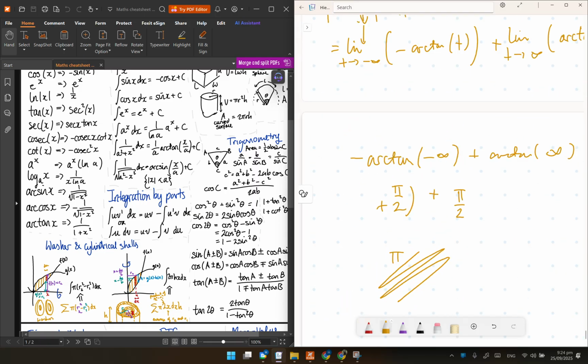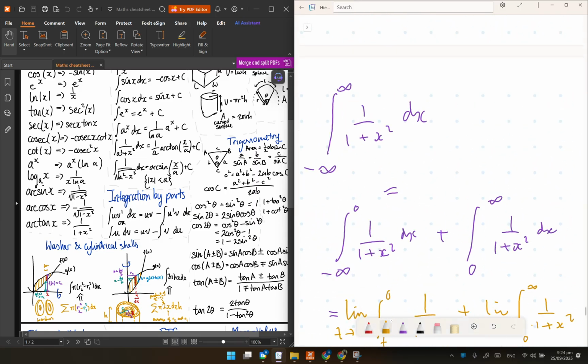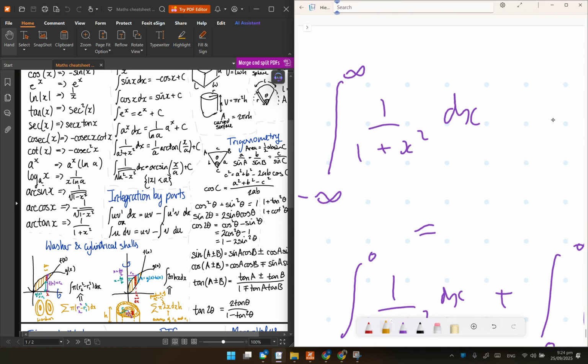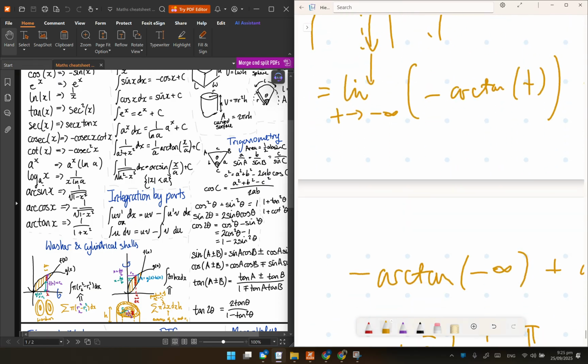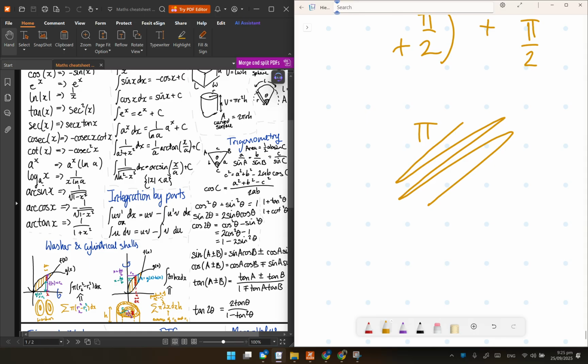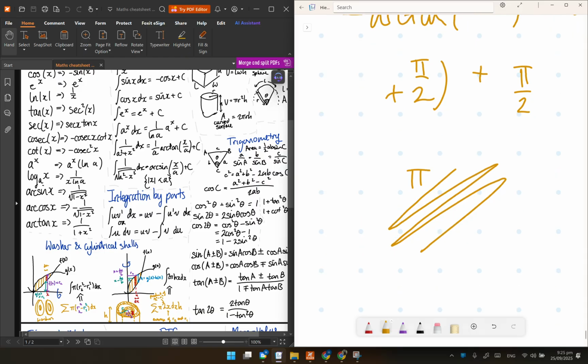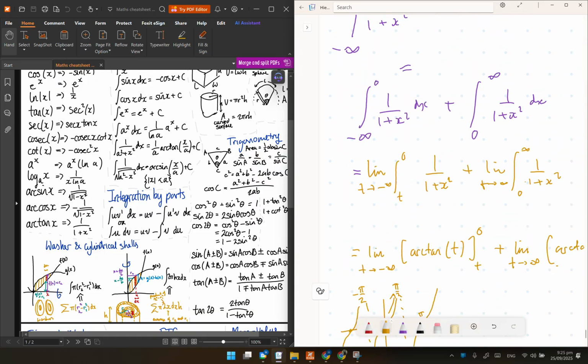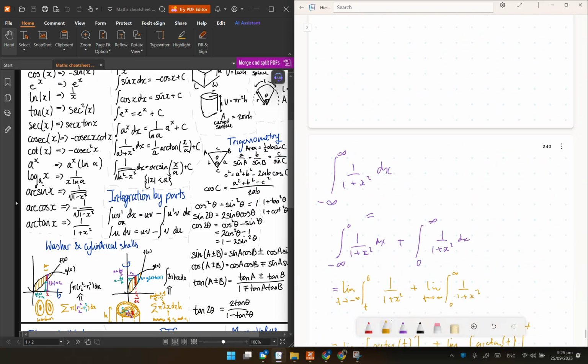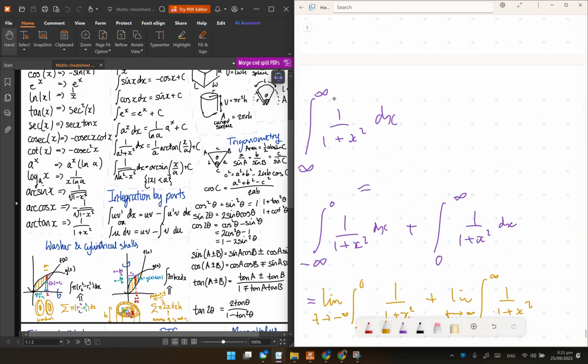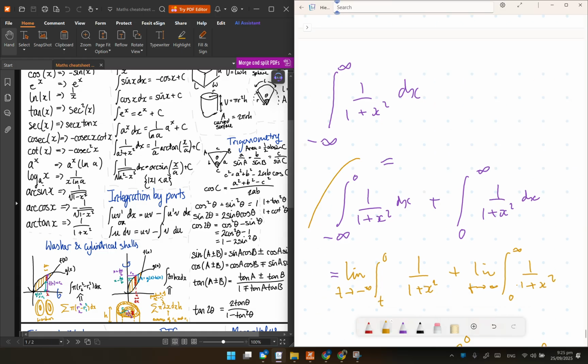And there it is, the answer to the integral from minus infinity to positive infinity of 1 over 1 plus x squared is equal to pi. That's it, pi. I just have to clarify really quick that this idea of splitting negative infinity to infinity into two type 1 improper integrals only works if both of these are convergent.